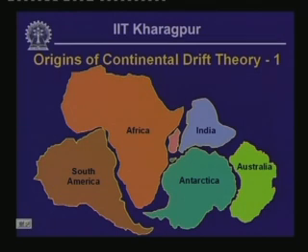People started wondering about these things a long time back, as we will see in the next little bit, whether this is just a matter of coincidence, or whether it could in fact tell a very wide-ranging feature of the evolution of the continents of our planet.